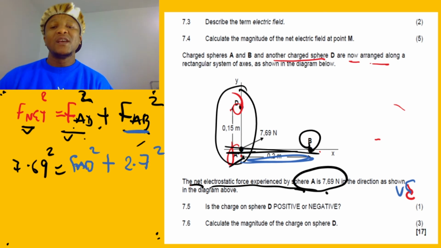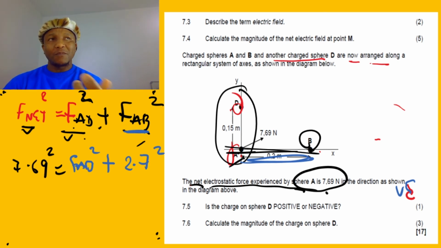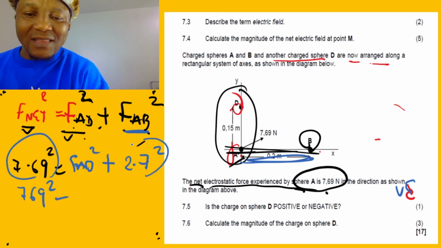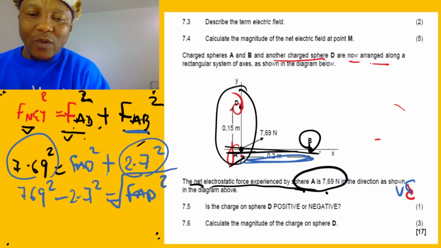So now you can do normal simplification, and then take this one, which is 7.69 squared, minus that 2.7 squared, equal to force of AD squared. What you do, you square root, and this and this cancel.